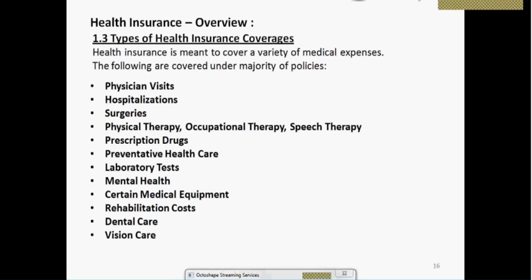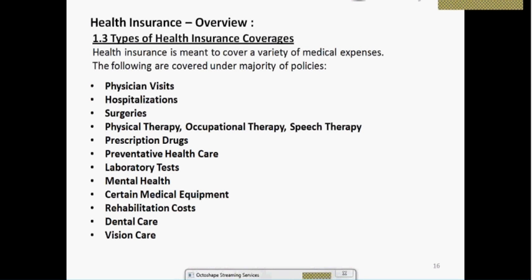Okay, now that we have covered some terminologies, we will go into some of these insurance coverages. The list you are seeing is the different types of services of the physician that we normally seek. Like, we go to a doctor for a regular office visit or a physician visit, and if there is a severe problem, then you get hospitalization.